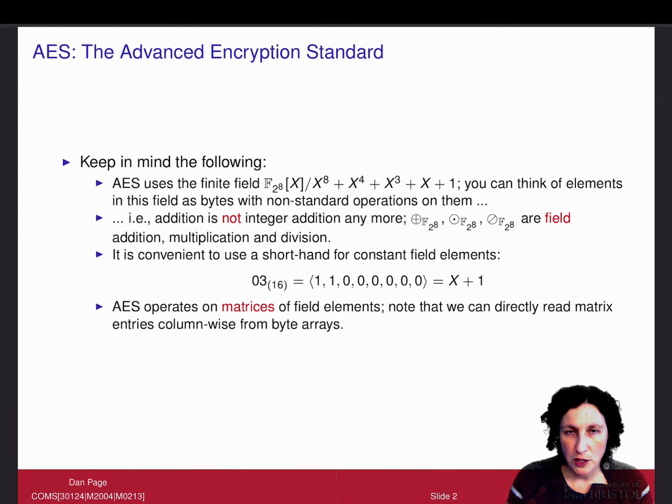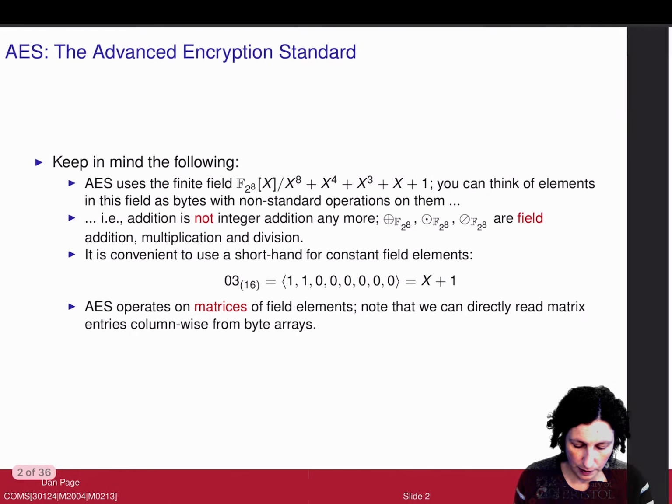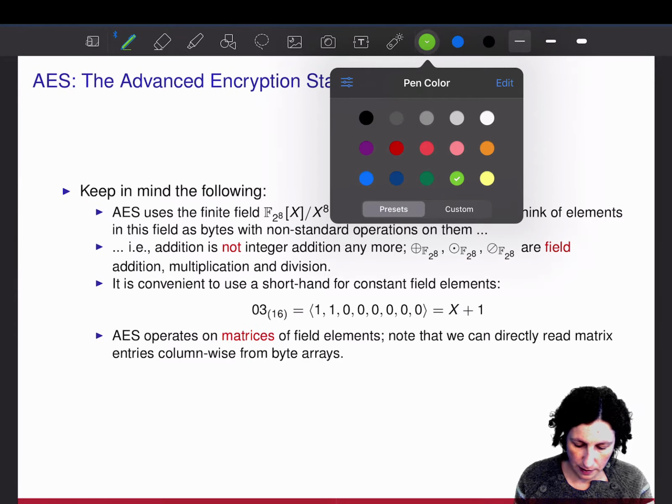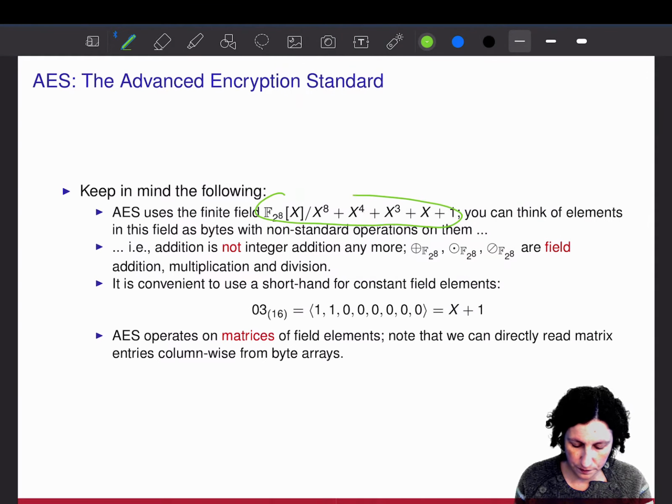The way in which AES manages to get a 256 element finite field is by defining the finite field as a so-called extension over GF(2), the finite field with only 2 elements. It has an extension defined by an irreducible polynomial, which is given here on the slide. So it's this kind of polynomial that AES utilizes for its modular reduction.